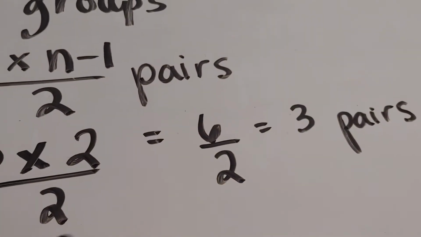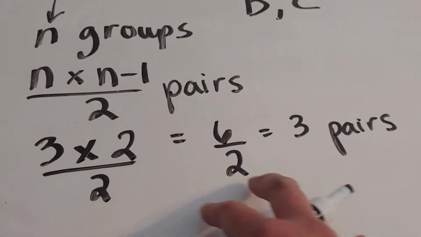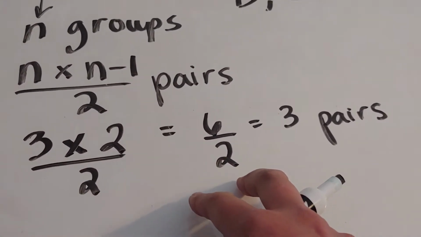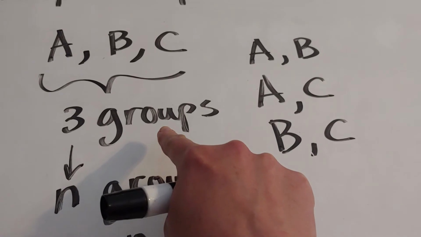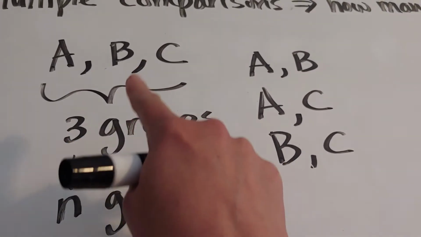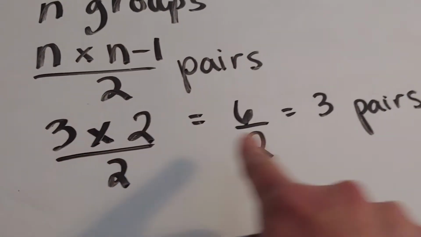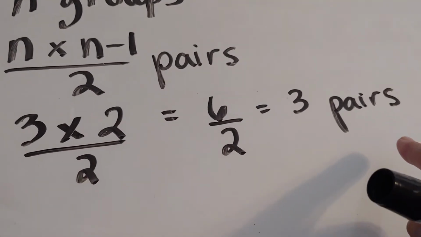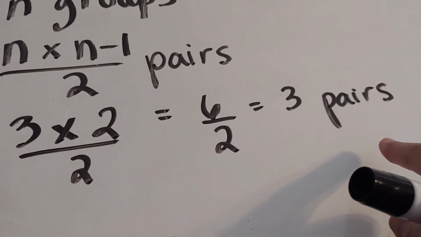Okay, that may seem like a really weird thing to talk about, but the thing is that what if you had 4 groups? What if you had 5 groups? What if you had 6 groups? You want to know how many pairs you would need, so that way I made sure I had them all covered.